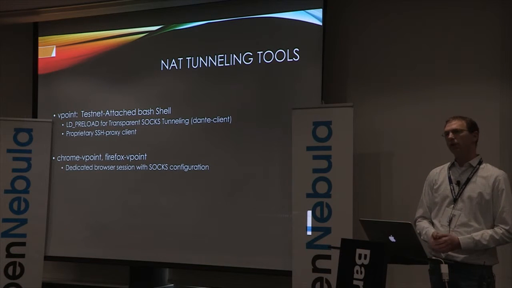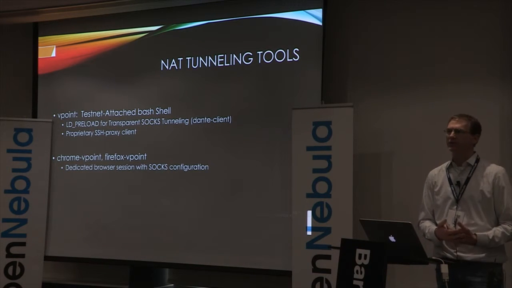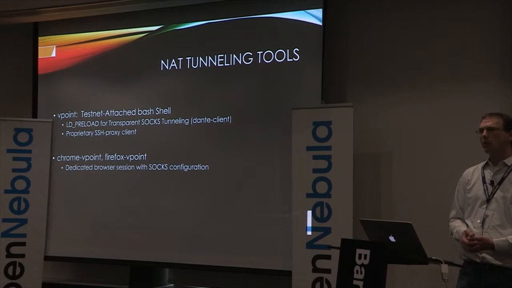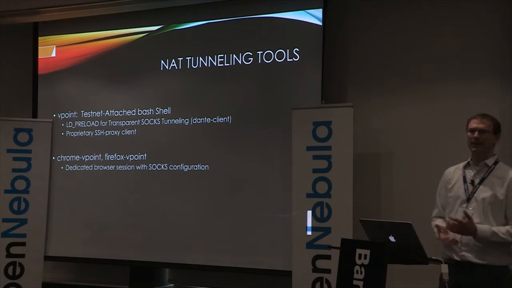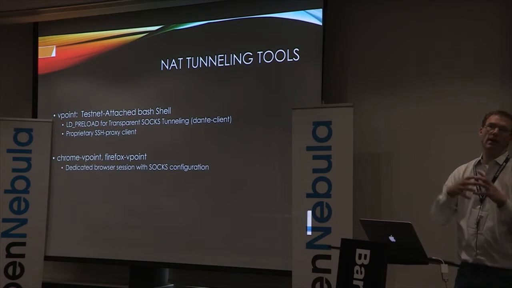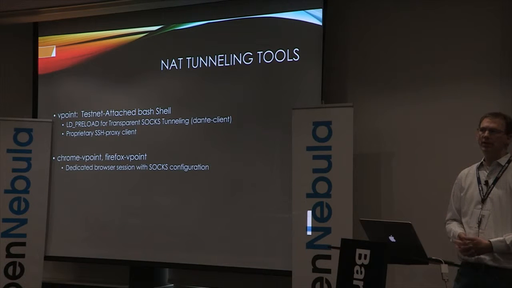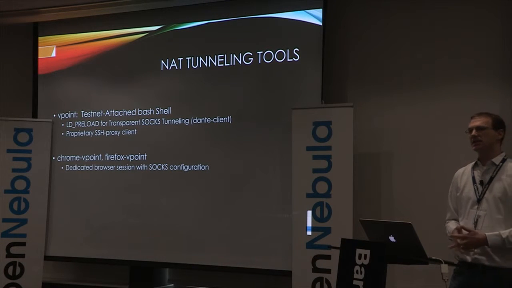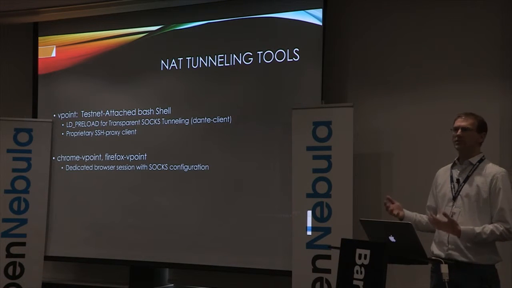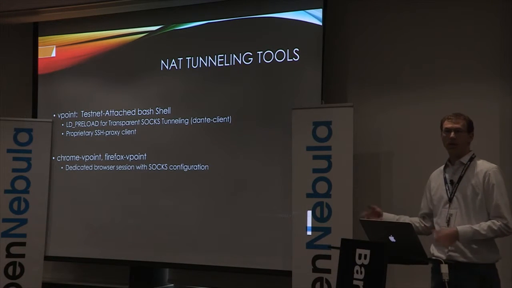The first tool is called vPoint. vPoint will start a bash shell that's configured with an open source component called Dante. Dante is an LD preload that essentially wraps itself around every application we execute from within that shell, and it intercepts IP communications or hostname lookups and attempts to transparently tunnel them through the SOCKS proxy.